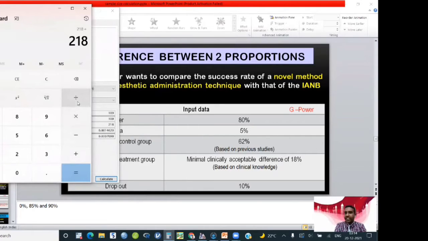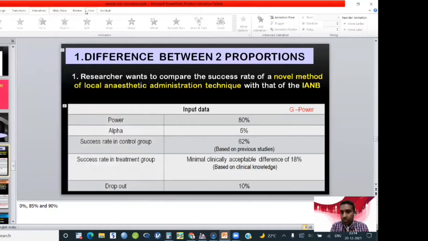So 218 divided by respondent rate 0.9 is equal to 243 for two groups. So for even considerations, we have to make it 244. We need 244 subjects, or I can say 122 subjects per group, to detect the statistically significant difference between these two groups, considering a dropout of 10%.